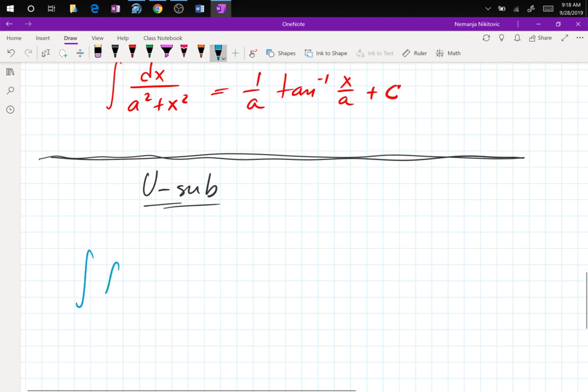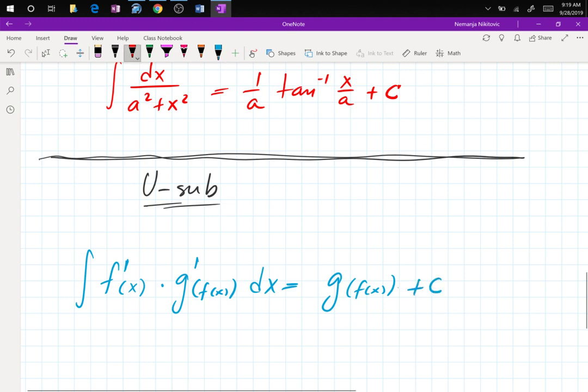So if you have the integral of f prime of x times g prime of f of x dx, it is going to give you g of f of x plus c.